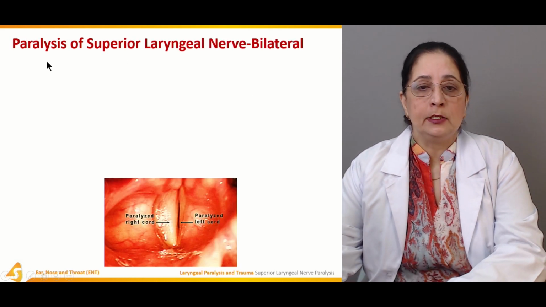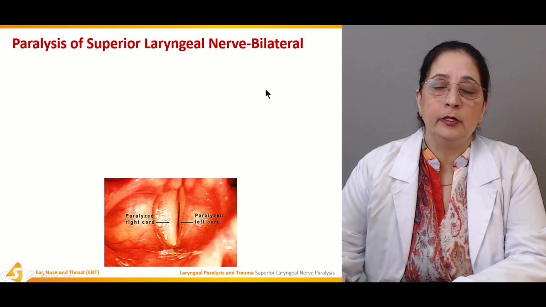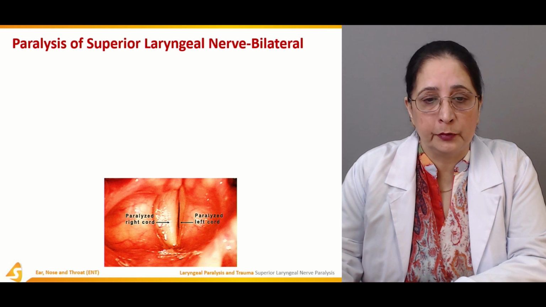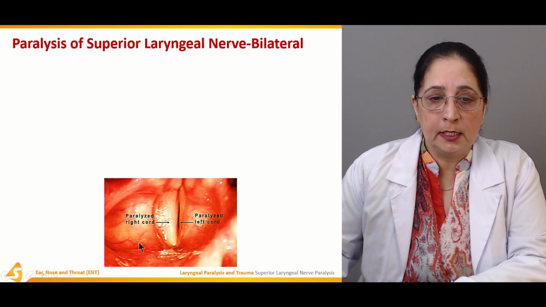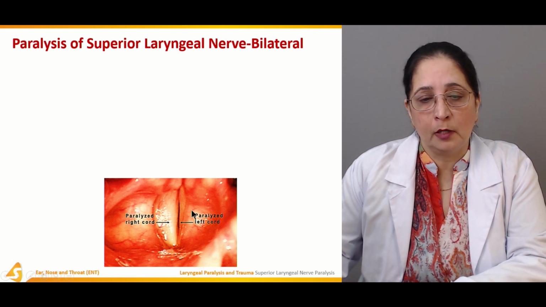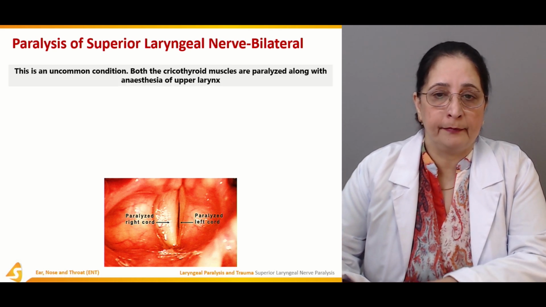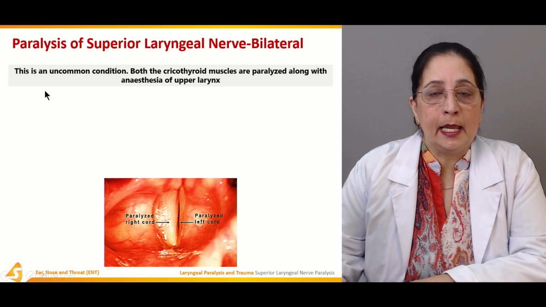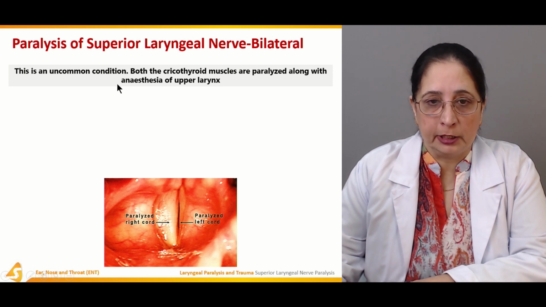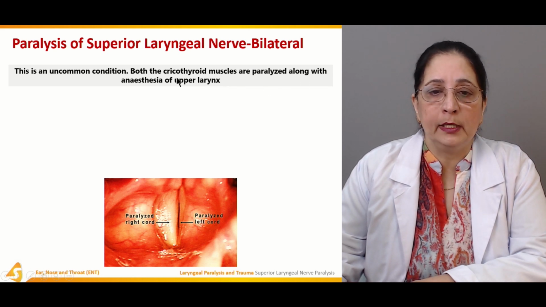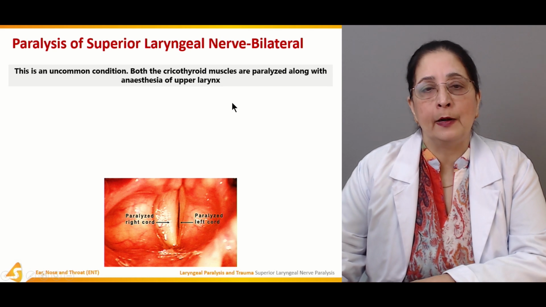Now, bilateral paralysis of the superior laryngeal nerve. Now you can see the paralyzed right cord and paralyzed left cord, because both sides are affected. This is an uncommon condition. Both cricothyroid muscles are paralyzed along with anesthesia of the upper larynx.